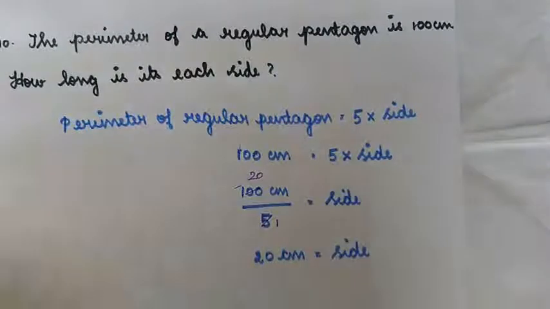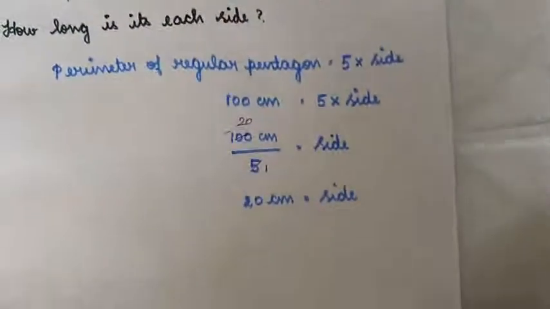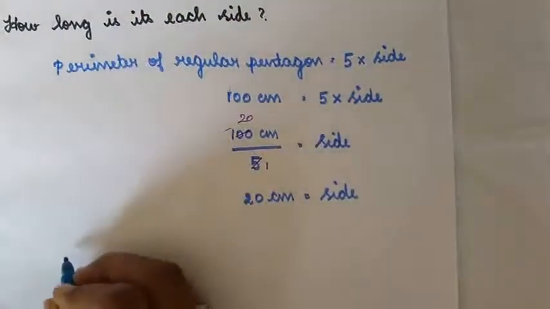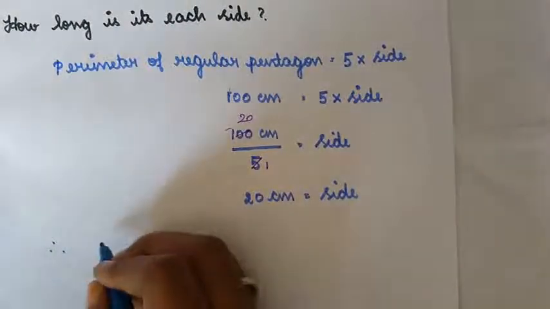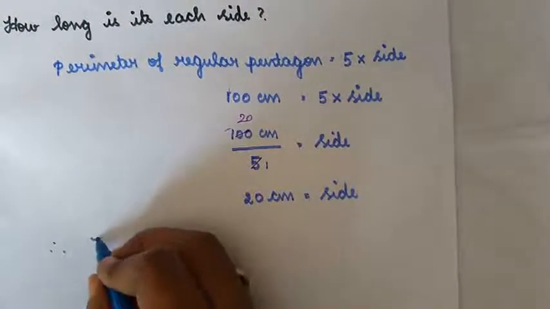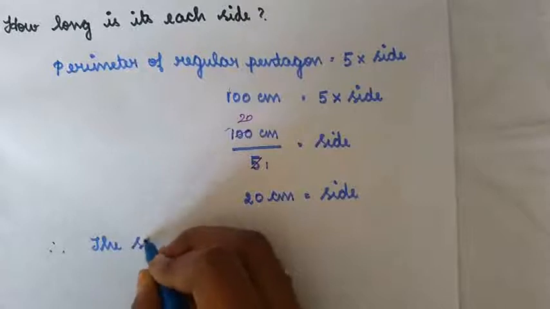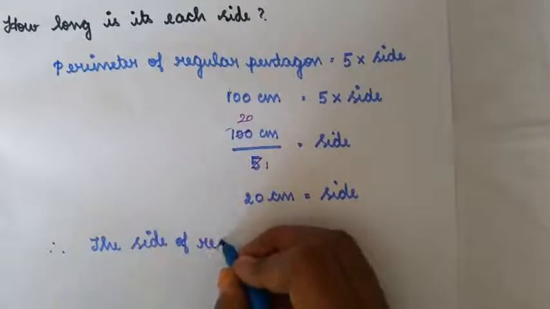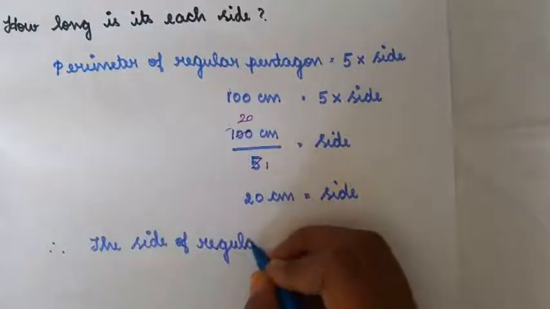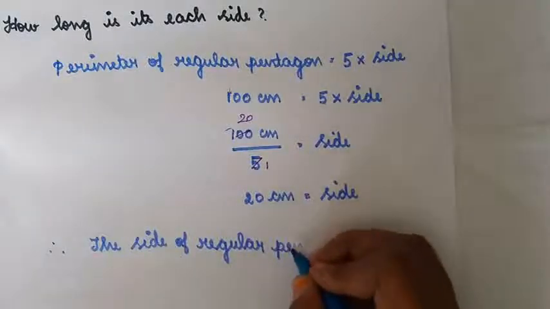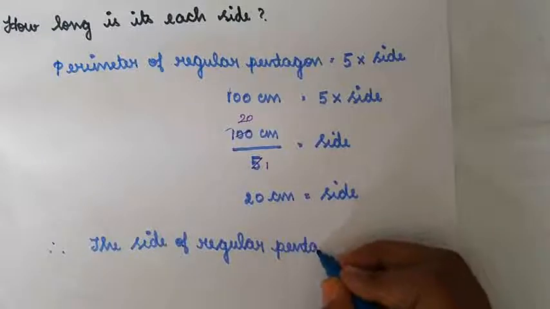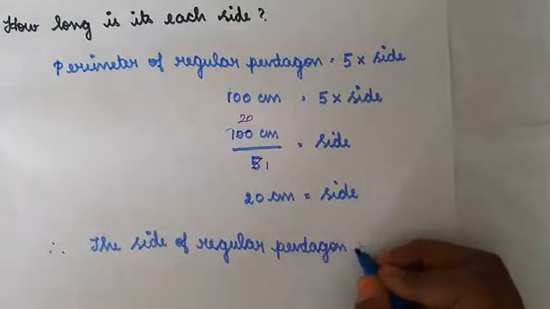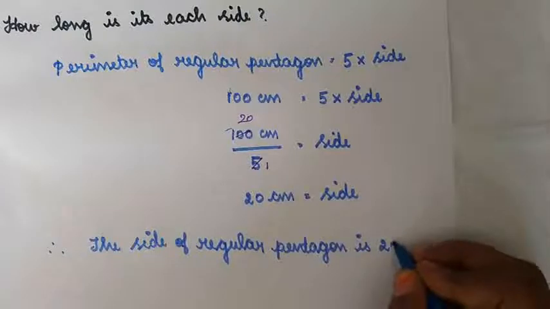Okay, so side equal to 20 centimeter. So therefore the side of the regular pentagon is 20 centimeter.